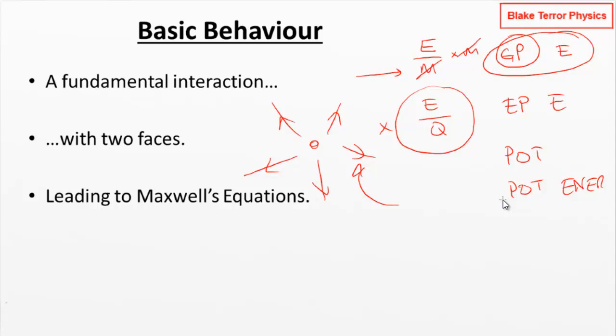We've got the same thing with gravitational field strength and electric field strength. We spoke about gravitational field strength as being the force per unit mass. That's our gravitational field strength. And then for electric field strength, you can guess it, we're going to get our force per unit charge. So again, a direct comparison between the two things.